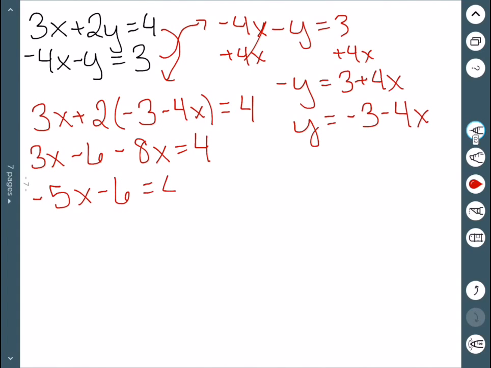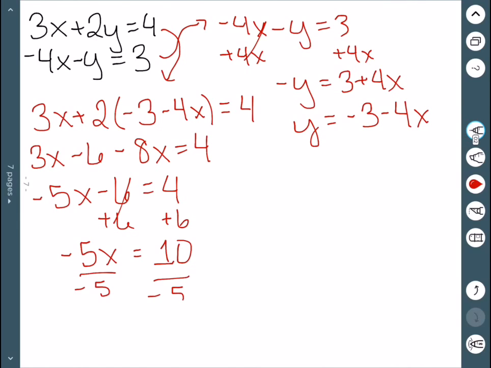Minus 6 is equal to 4. We can add the 6 to both sides. On the left, I'm left with -5x. On the right, 4 plus 6 is 10. We can then divide by -5 to get that x is -2.